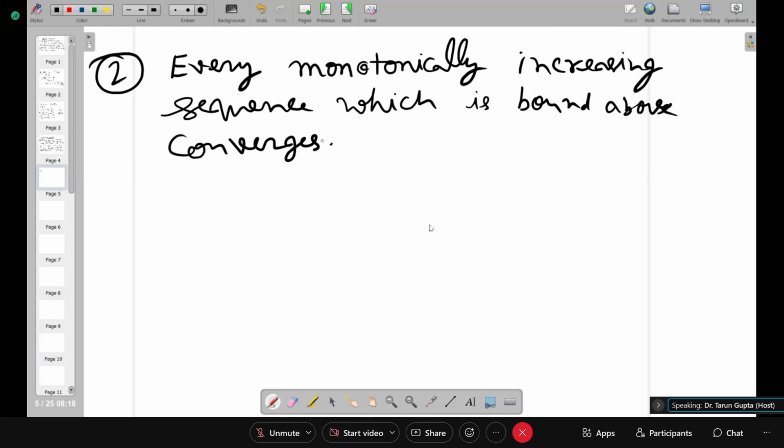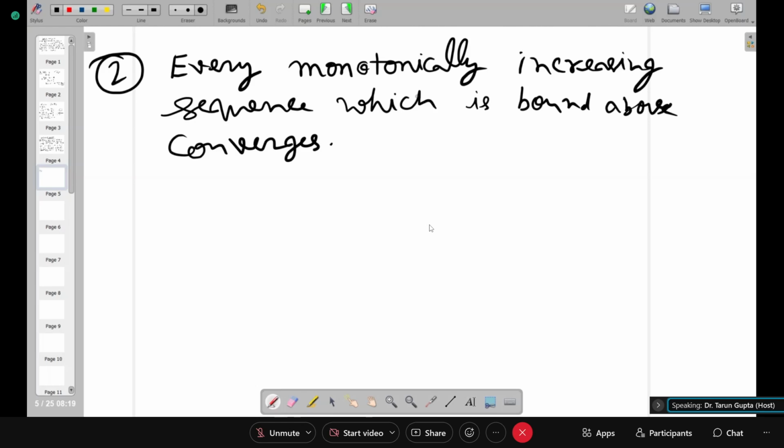Okay, so this is one of the criteria to show that the given sequence is convergent. Because for all sequences you cannot find the limit directly. So by using this criterion, you can find the limit.